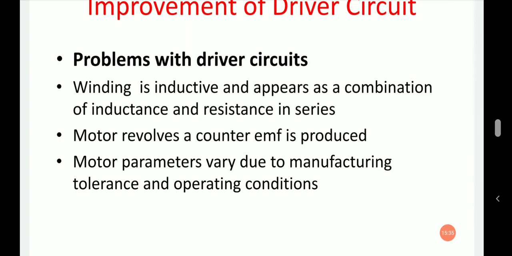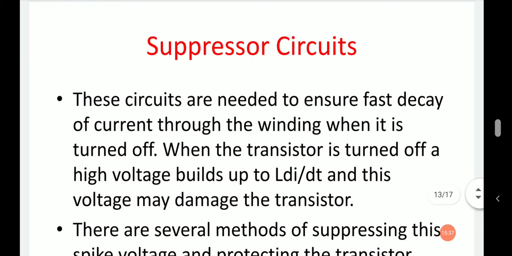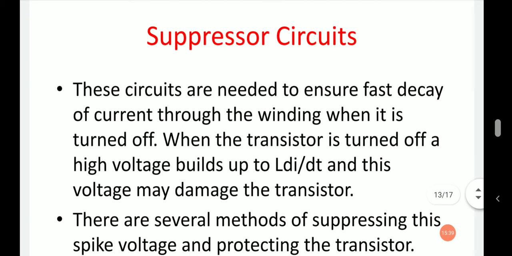Now next point is, what are the suppressor circuits? These circuits are needed to ensure fast decay of current through the winding when it is turned off.